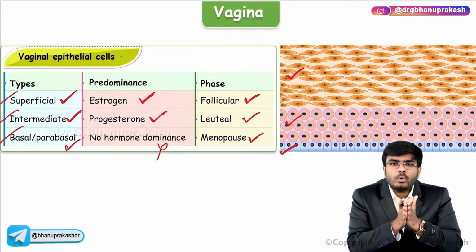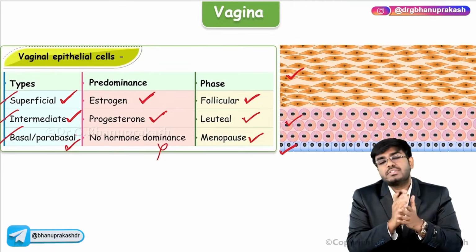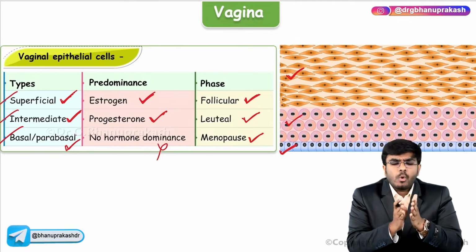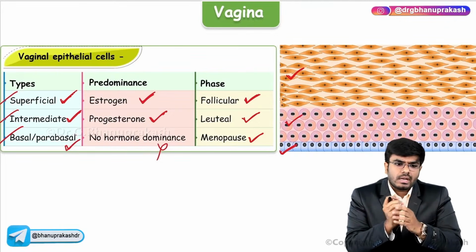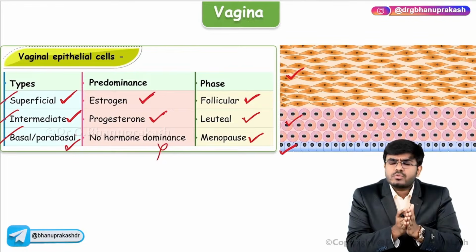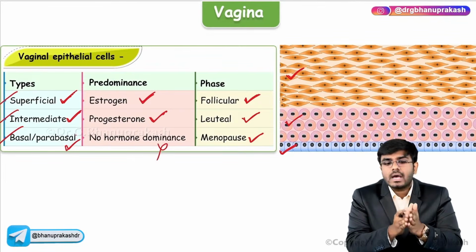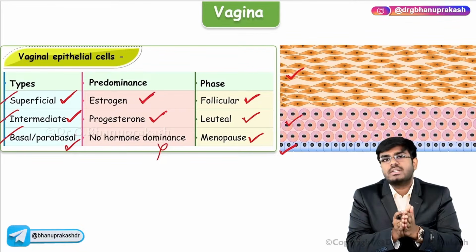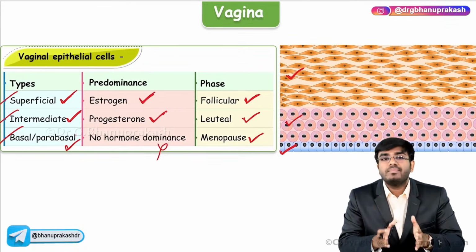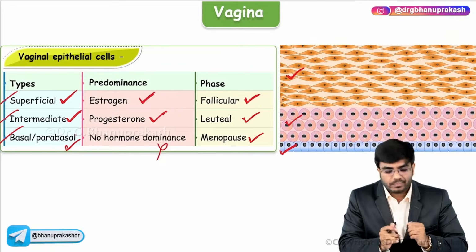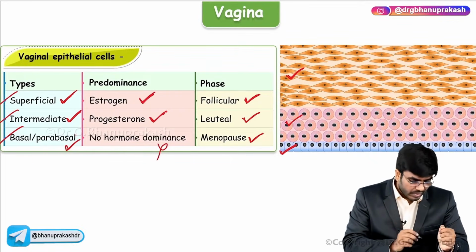Just by looking at the histological picture, if someone says there are more superficial cells, you can say that the female is in the follicular phase. How? Superficial cells are more in number during estrogen predominance, and estrogen is going to be more in the body during the follicular phase. Okay, so this is also very important.